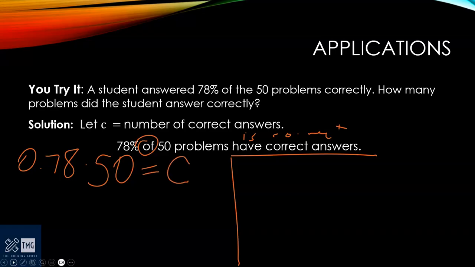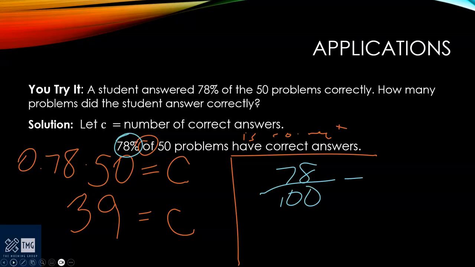If I multiply those together, I get that there are 39 correct answers. If you wanted to write that as a proportion, start with percent over 100 of 50 problems, right? And that's, remember we talked about part over whole? Correct answers are the part, 50 are all the problems, or is over of. 39 correct answers.